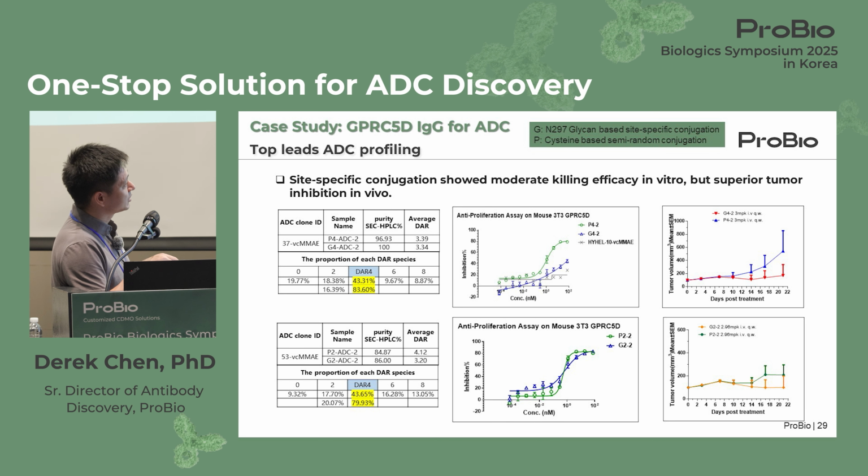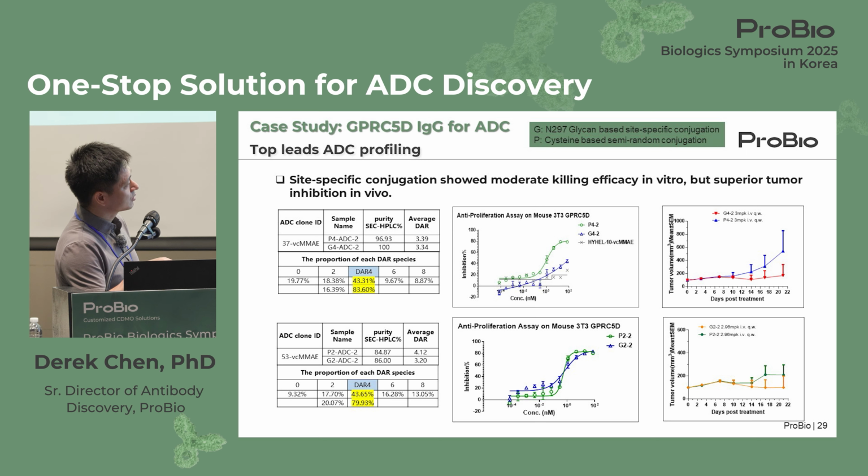And we'll move on to the next sample, clone number 53, with the same two different conjugation approaches, and the same distribution analysis for the DAR distributions. We see similar patterns. For the site-specific conjugations, almost 80% of them are DAR4s, but for the cysteine-based conjugation approach, only 43% of them are DAR4s.